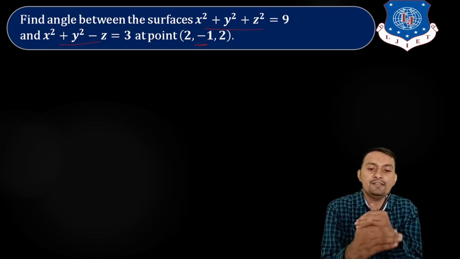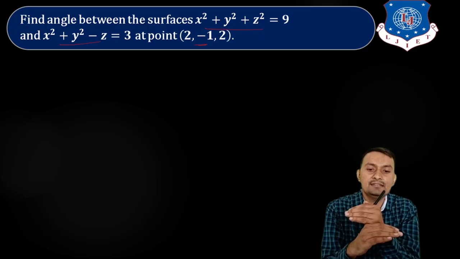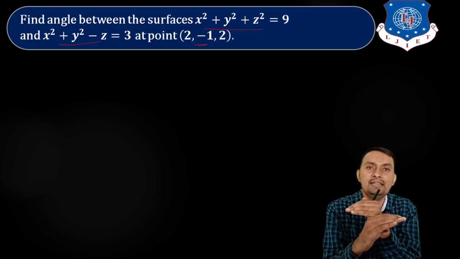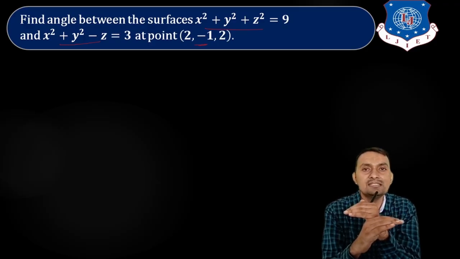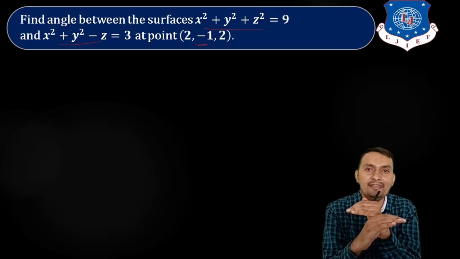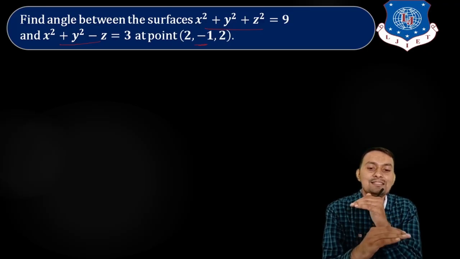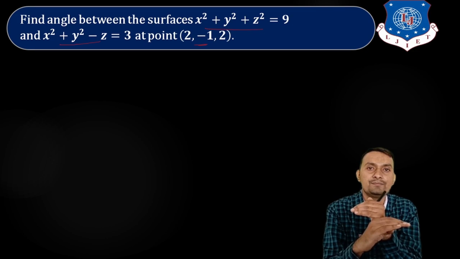Whenever I find the tangents, if both are perpendicular to each other, that means grad f into grad g is equal to -1 at the particular point, and we can say that both the surfaces are perpendicular. But our question says we need to determine the angle. That means this will be one gradient and this will be another gradient.